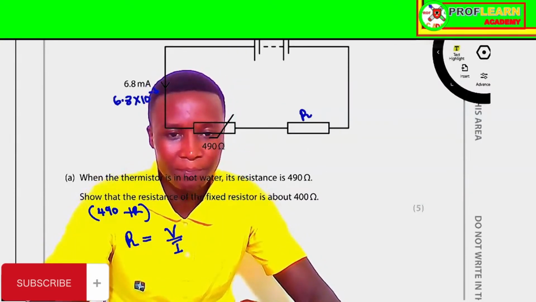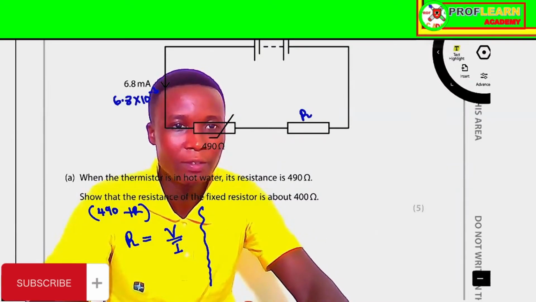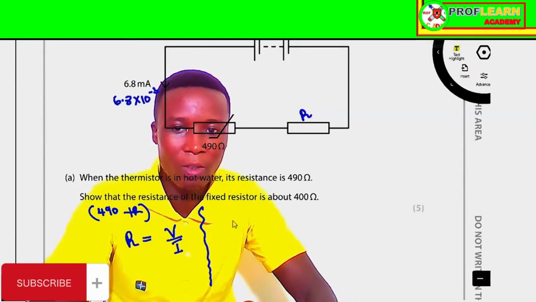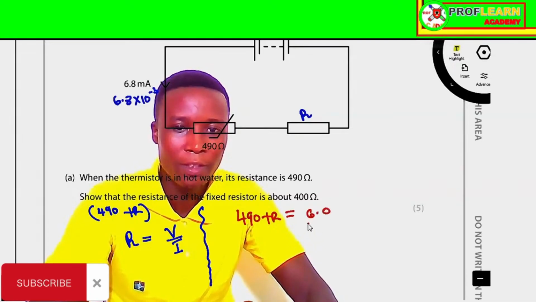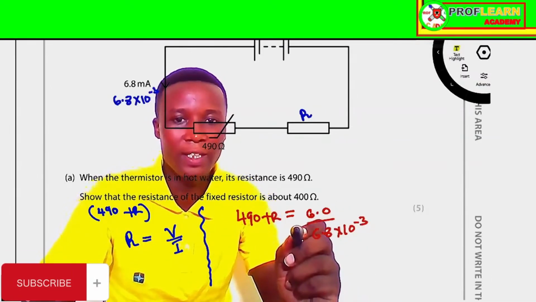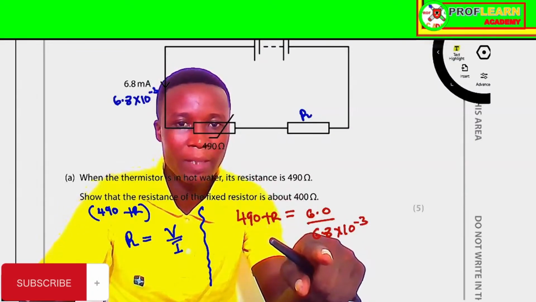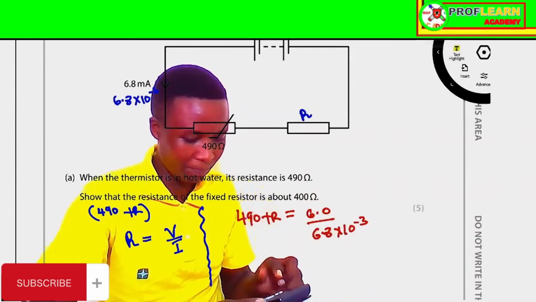To work this out, we substitute into the formula what we have, and we say 490 plus R is equivalent to 6.0 divided by 6.8 times 10 to the negative 3. We are going to feed this into the calculator.